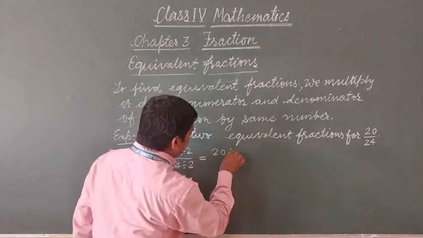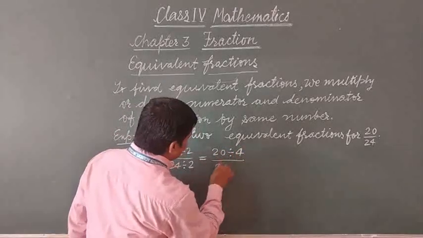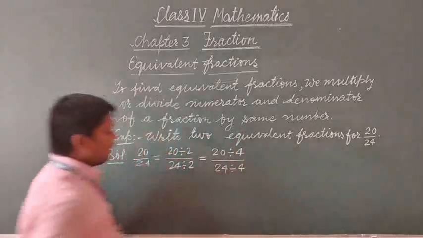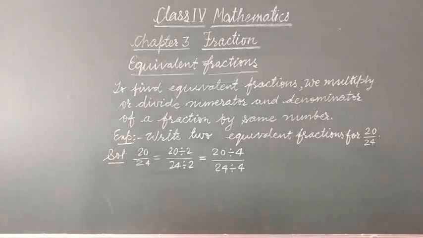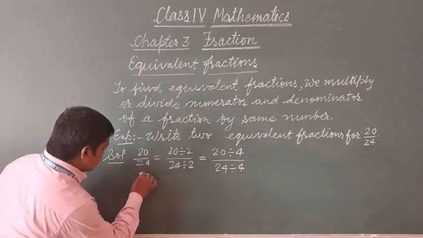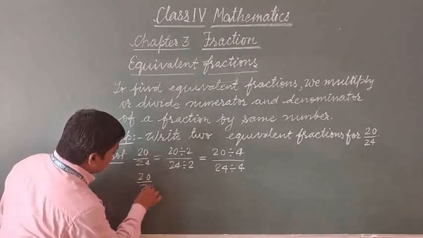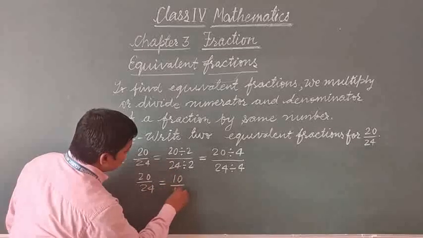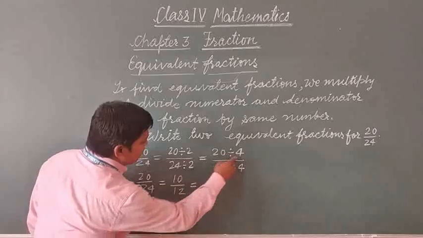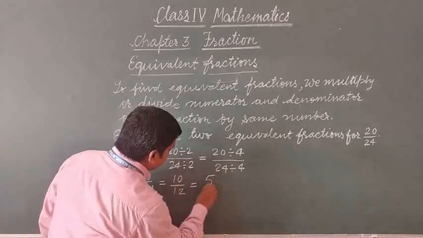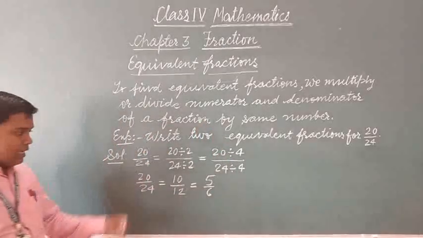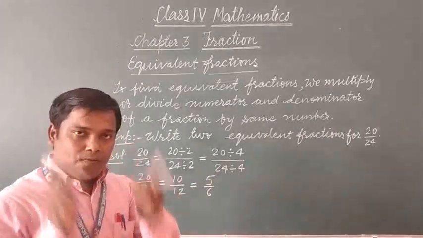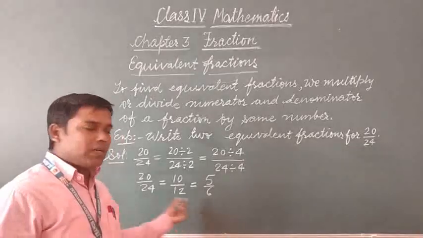Now both numbers are divisible by 4, so I am writing 20 divided by 4, 24 divided by 4. Okay, so we got 20 by 24 is equal to 10 by 12 is equal to 5 by 6. Now, by dividing with the same number, we also got the equivalent fractions for the given fraction.